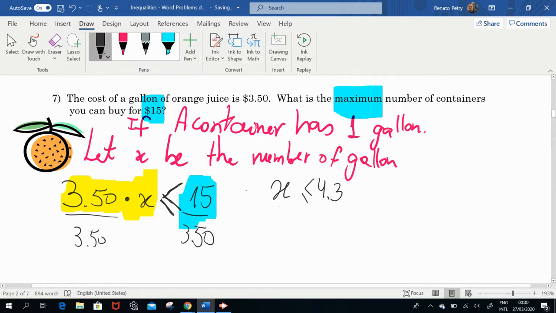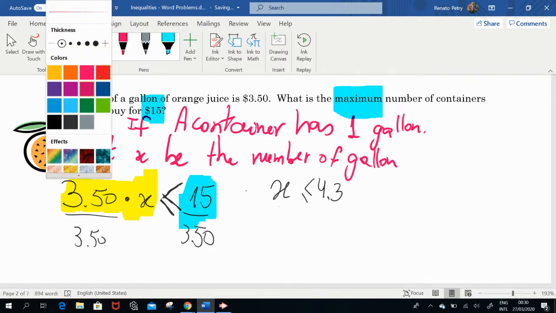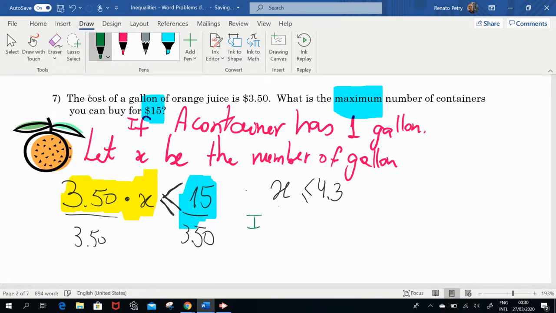Can I buy 4? Yes, I can, because 4 is less than 4.3, and it's the maximum number of whole containers, because we can't buy 0.3 containers. So I can buy 4 containers.